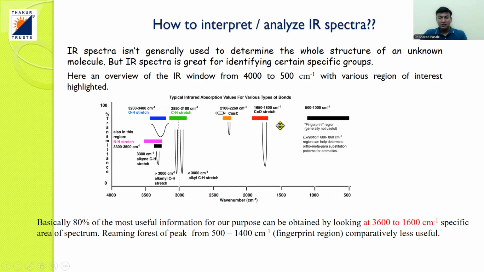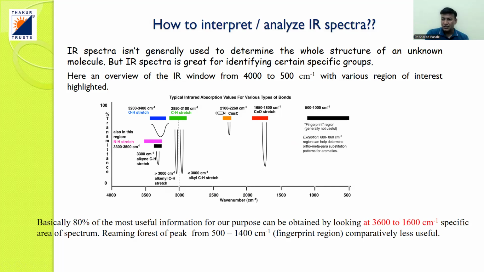Then see, these are the types of peaks showing how we can interpret or analyze which functional group it is. Randomly, I have given only a few examples. Below 1500 we call the fingerprint region, and that region is not that useful.